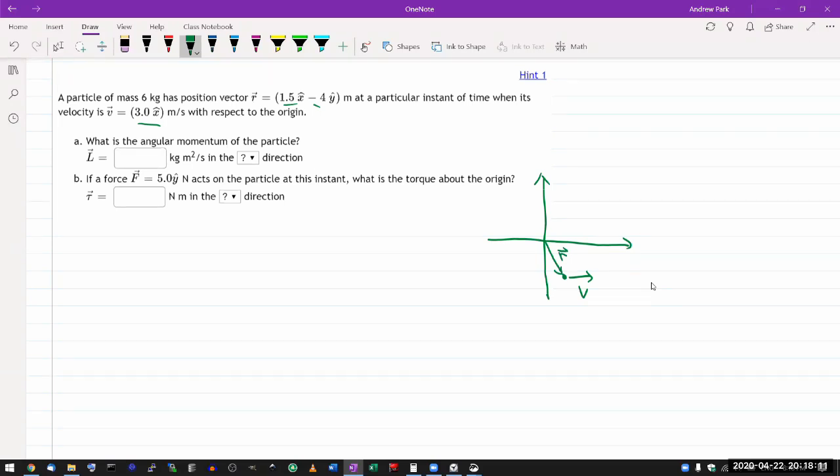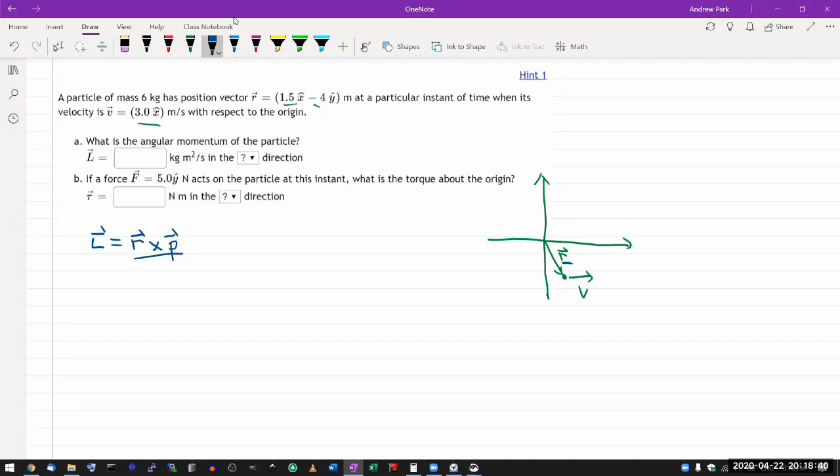So what you need to know to start is the formula for angular momentum, which is that the definition of angular momentum is the displacement, that exact r, cross product with the momentum. And you've seen this cross product in different ways.